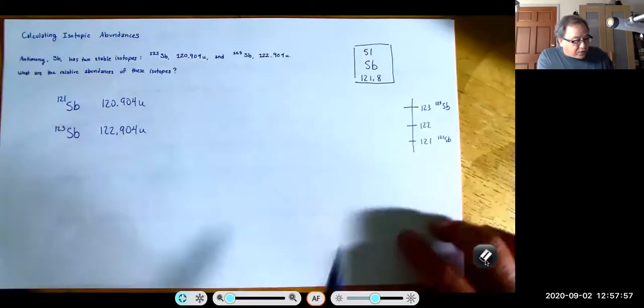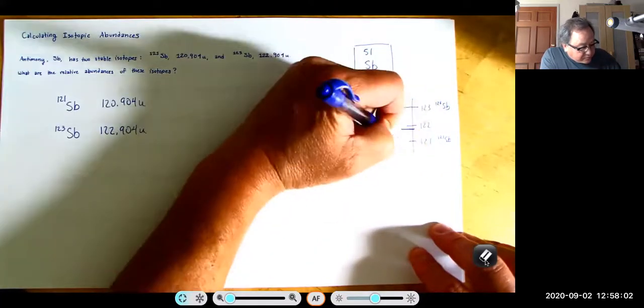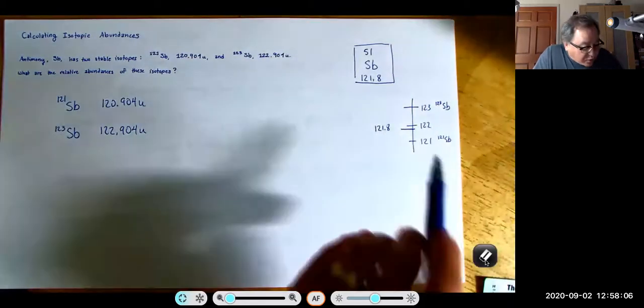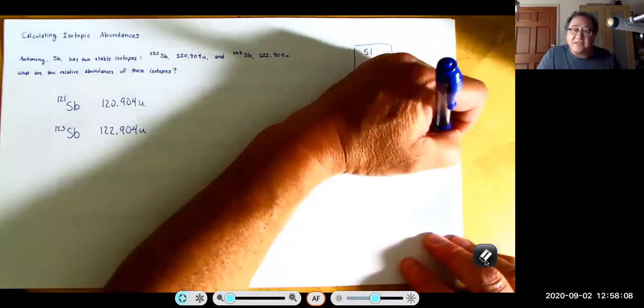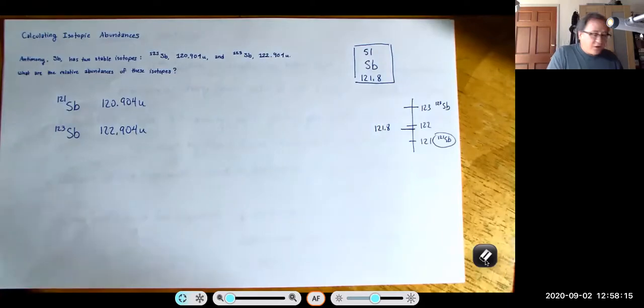And this number 121.8 is going to be right here. So since that number is closer to 121, I think that antimony 121 is going to be more abundant. So how do we set up a problem like this?